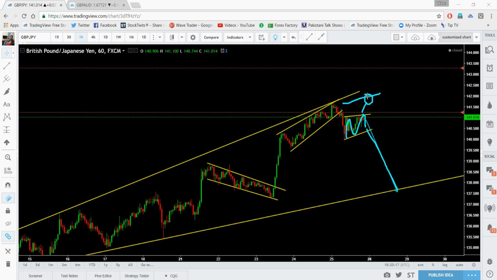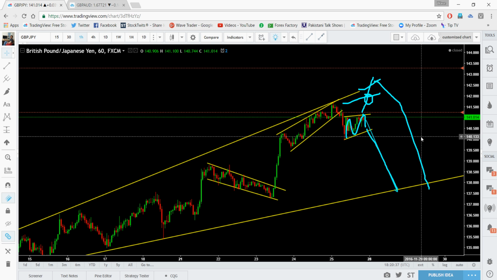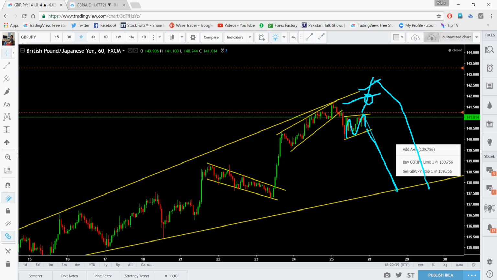It can push further to the upside, stop you out, and then break to the downside. So use a reasonable stop loss if you are looking to sell on this. If you are selling and using a tight stop loss, then be careful. It can push further to the upside, stop you out, and then continue to the downside.